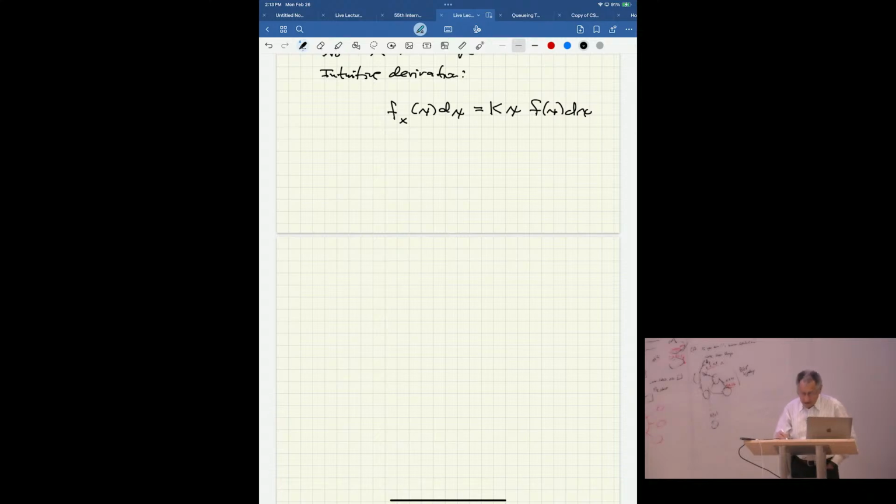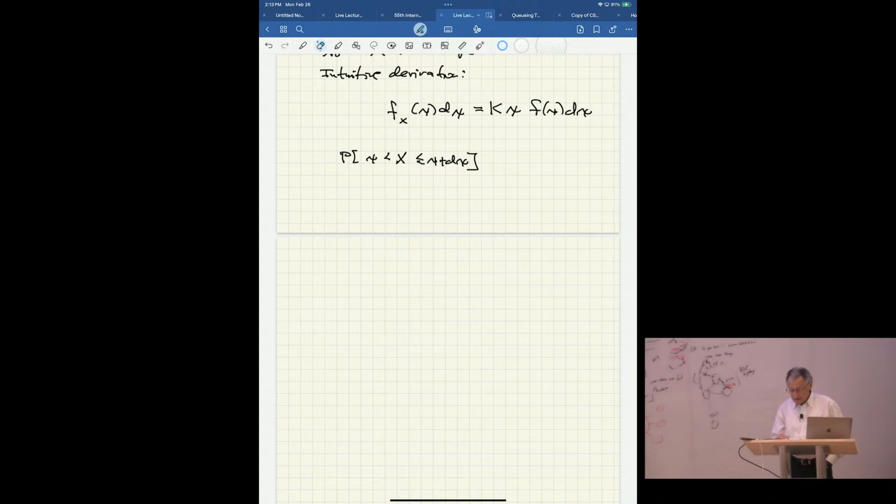So let's write down what that left-hand side is. That's the probability that capital X lies between little x and little x plus dx, in the limit, of course. And the thing on the right is this linear weighting, and the capital K is needed for normalization. So let's write down what the right-hand side is. That's capital K. In fact, let's be a little more careful.